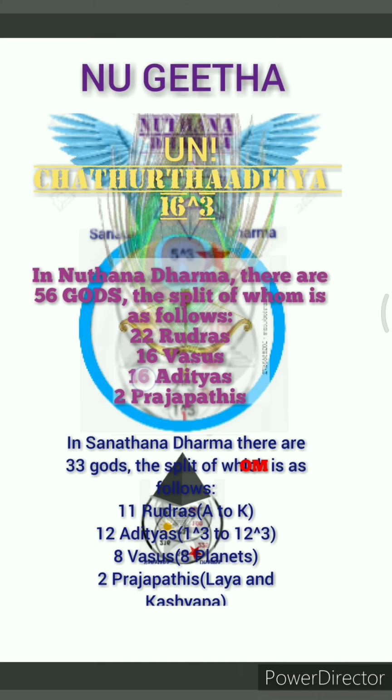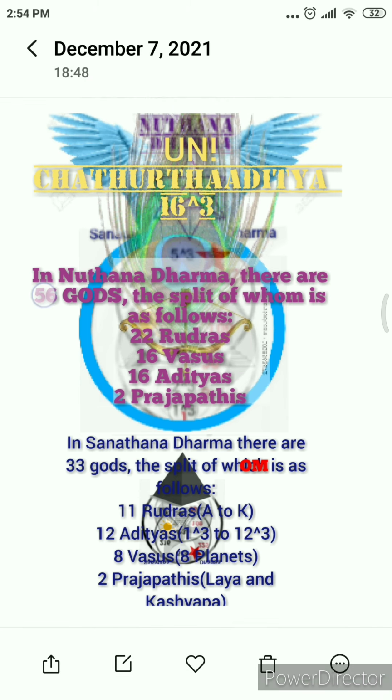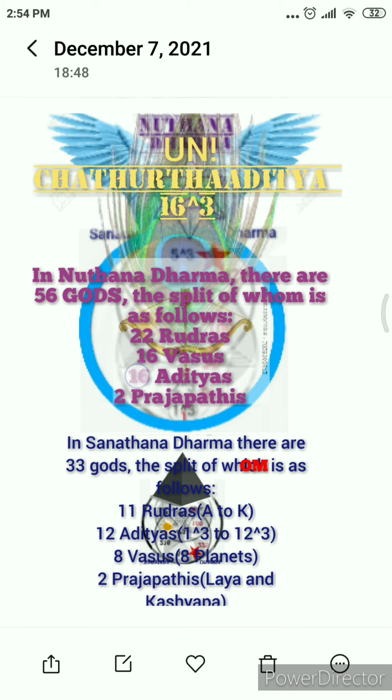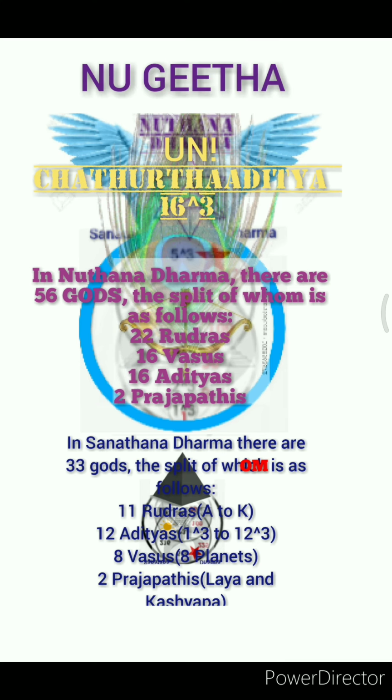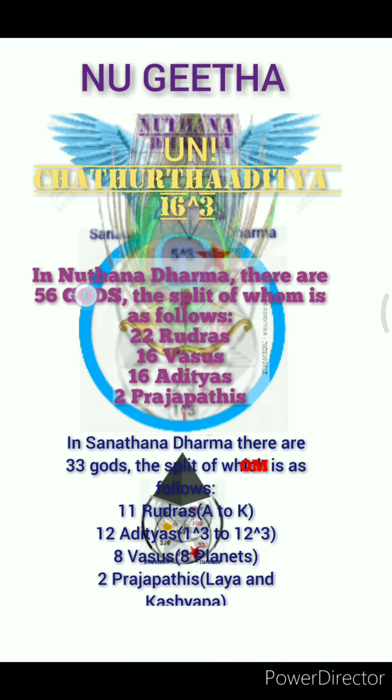We should have 24 Adityas, but why I restricted myself to 56 is that this is a little bit above my comprehension. This should have been 12 more, which will make 68 gods. But I restricted to 56 because my knowledge is limited to this, and of course the 16 cube domain ends at 56 only.